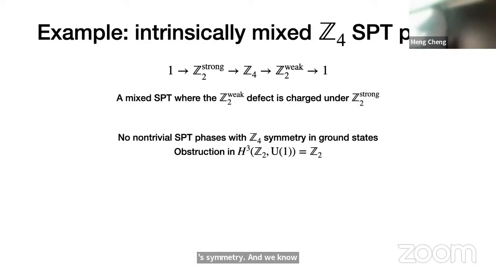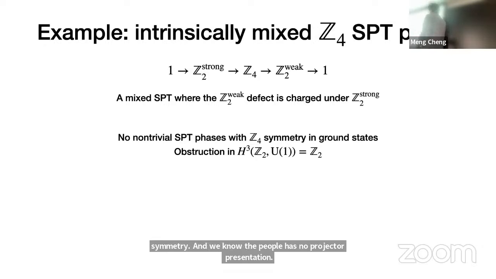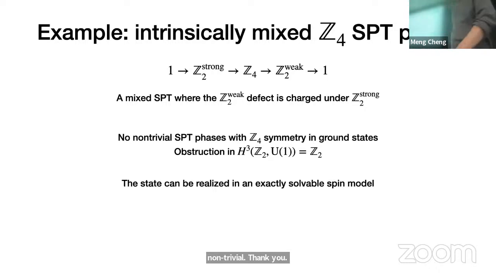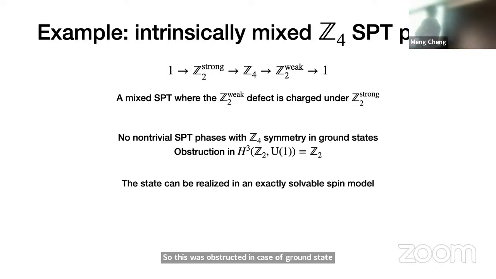So there shouldn't be any SPT in ground state, but if we literally follow this kind of domain wall decoration, then there's something wrong with this decoration, and that something wrong is this F move. The phase vector is non-trivial. So this was obstructed in the case of ground state. But it's possible to have this decoration when one of the Z2 is weak.